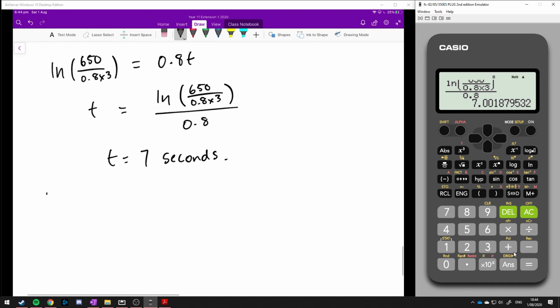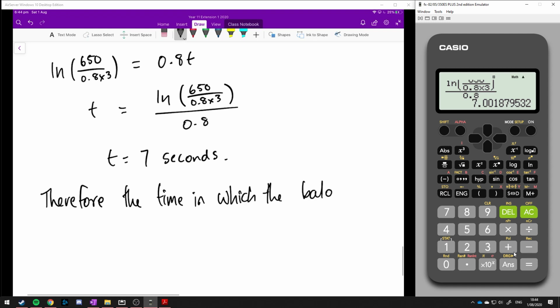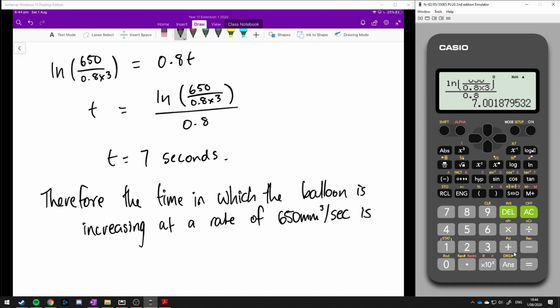So what we can say is that therefore the time in which the balloon is increasing at a rate of 650 millimeters cubed per second is at 7 seconds.